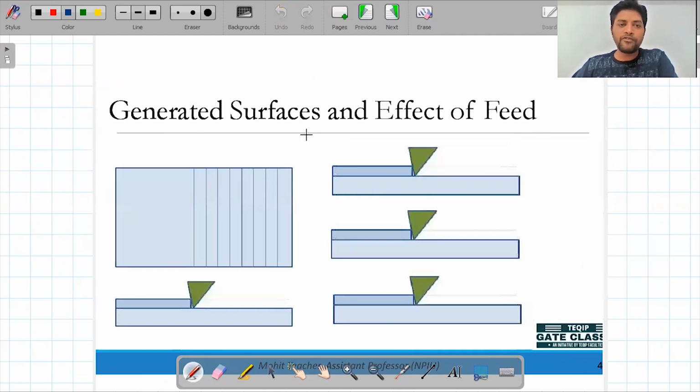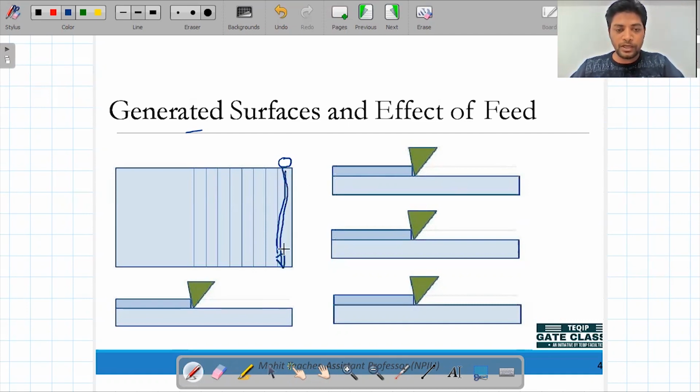Surface generated and effect of the feed. So like I said, this is the plate and we are moving toward this side and coming back. Initially we keep this tool over here. Basically it is a reciprocating motion.